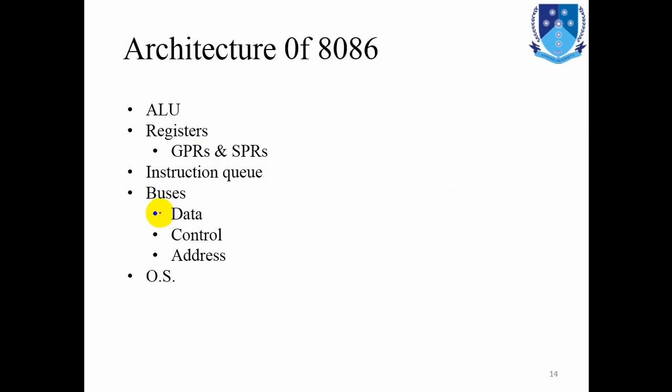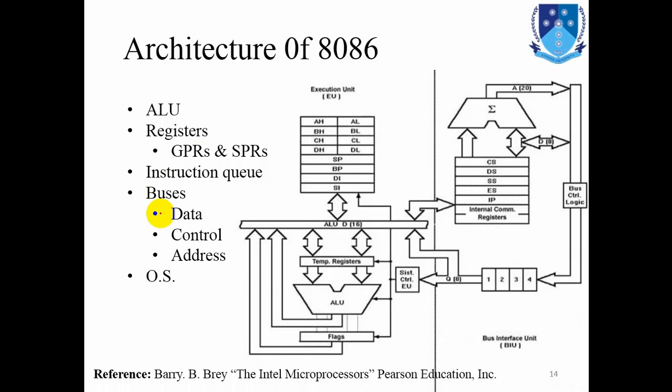Now, specifically, the architecture of an 8086 microprocessor can be divided into two sections: the execution unit and the bus interface unit. These two sections include the arithmetic logic unit, the registers, in which some are general purpose registers while some are special purpose registers, the instruction queue, and the buses like data buses or data paths, the control bus and the address bus.